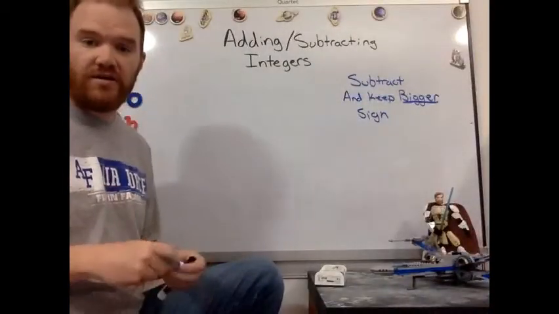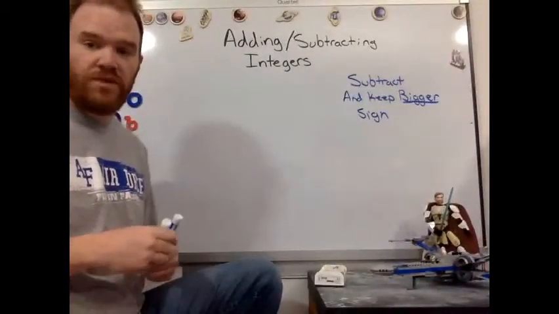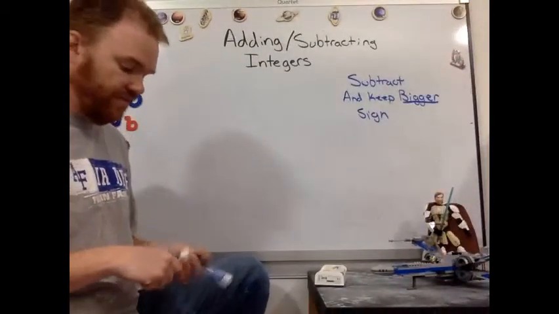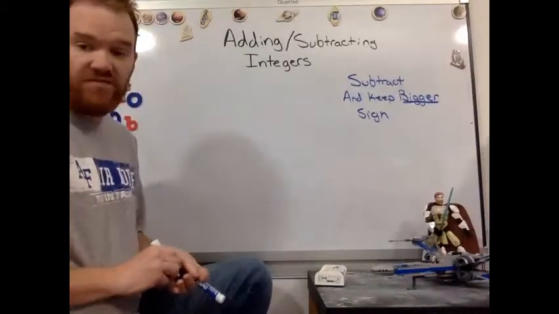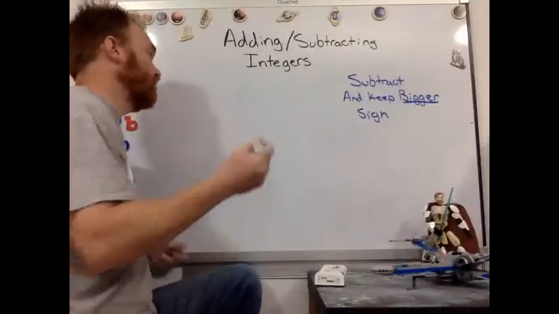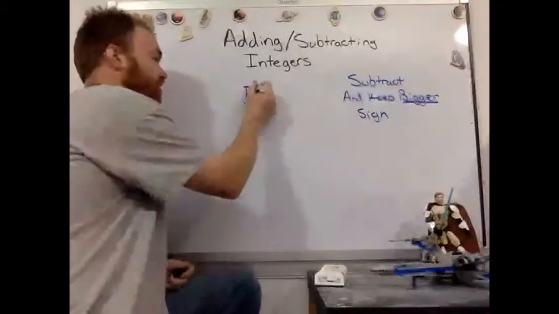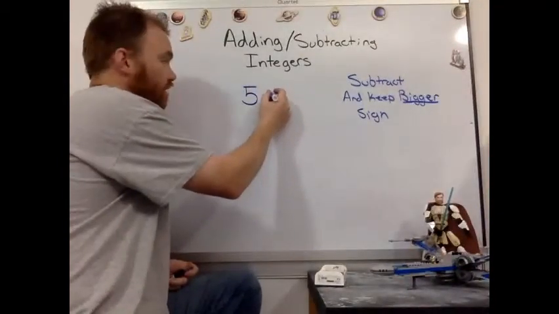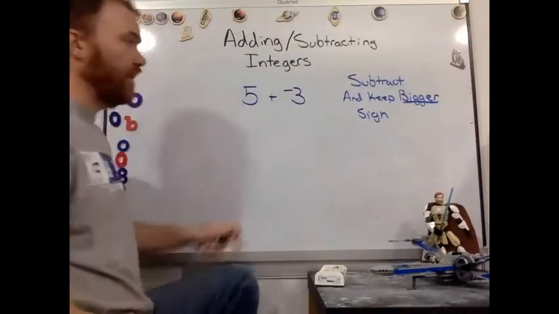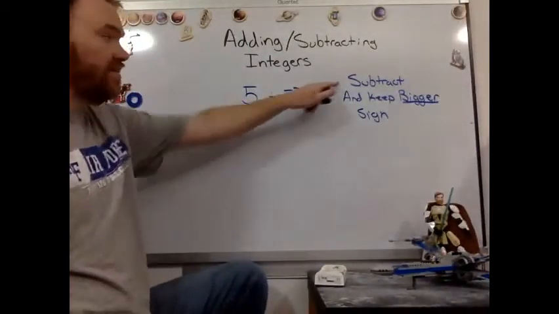Another example here. We're going to keep with our 5 and 3. So let's say I have positive 5 this time, positive 5 plus negative 3. Okay, I have different signs, so I'm going to go to my rule.